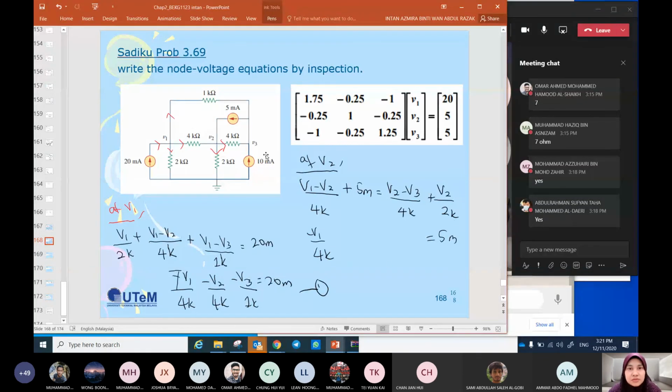Okay, now please do this together to find the final values of V1, V2 and V3. Now, do it now.